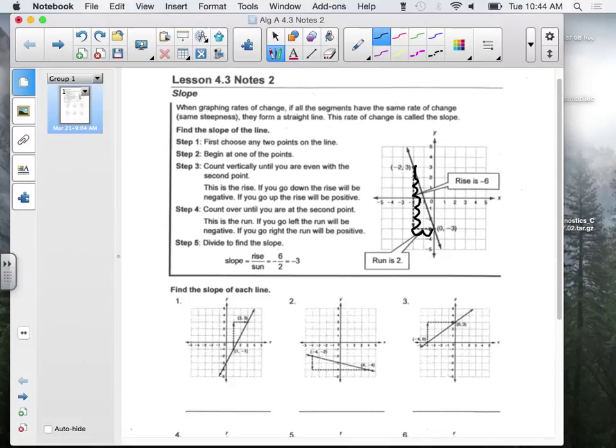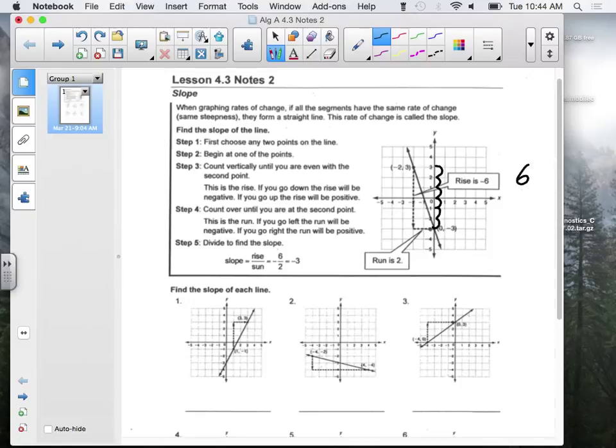Here's a question, could we start at the other point? Could we start at 0, -3, excuse me? Yes. So we'd have to do what? Go up 1, 2, 3, 4, 5, 6. So our rise here is what? +6.